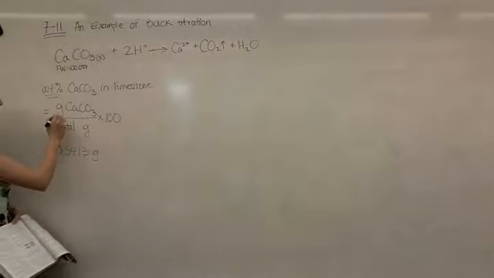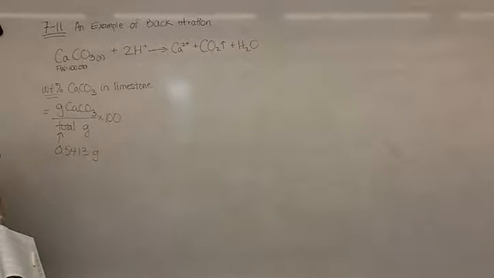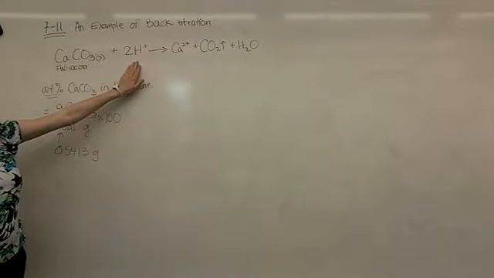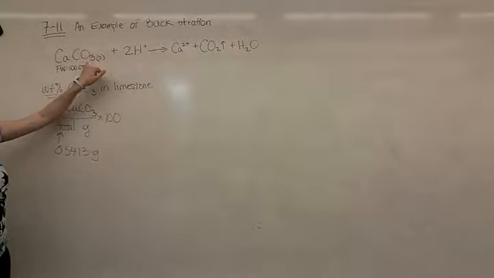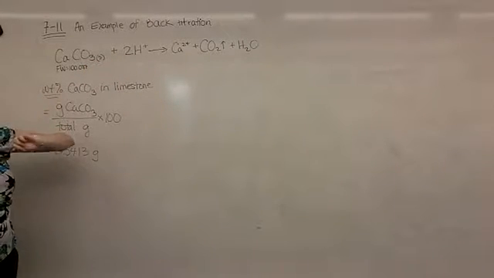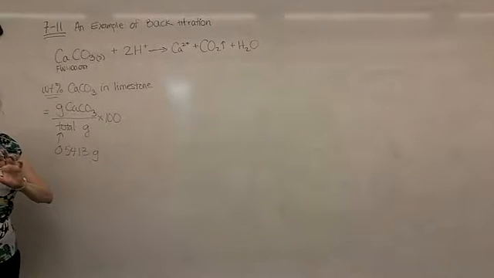So now we have to go about finding the grams of calcium carbonate. To do that, we have to know how much of this acid we initially added to react with all of our calcium carbonate, and then how much excess there was.